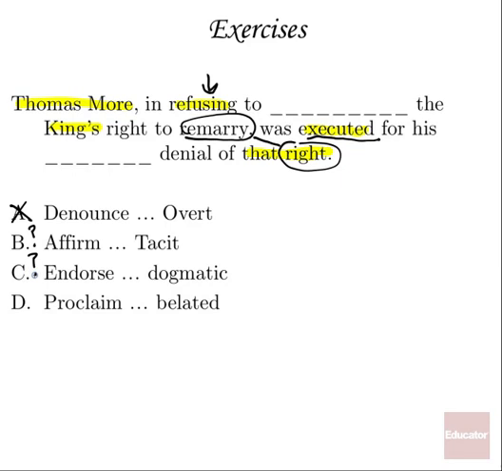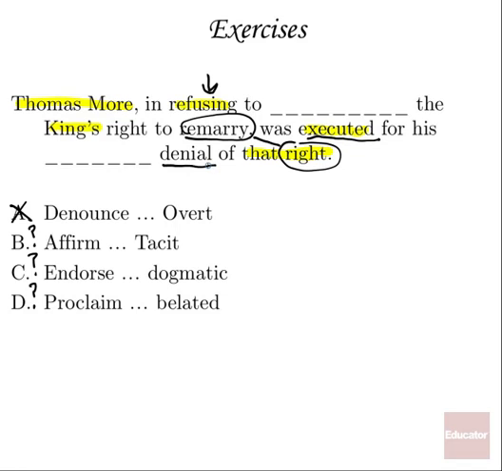So again, refusing to endorse something of the king could get you into trouble. And finally, we have proclaim. Well, if you refuse to proclaim something, you could get into trouble. So far, I've just looked at the first word here, and I've eliminated only one obvious bad answer. So let's figure out what's going on next here.